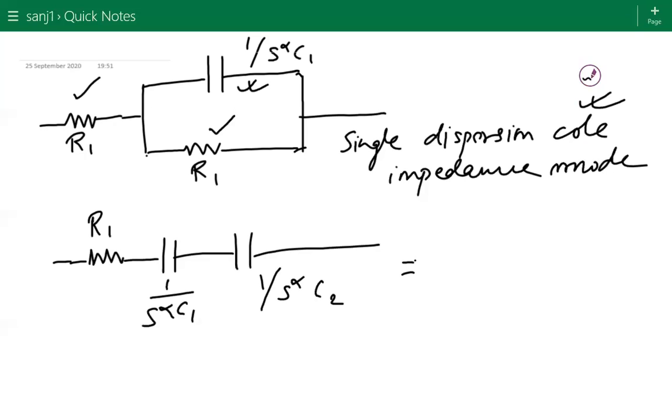This circuit was used to model a tissue electrode system.